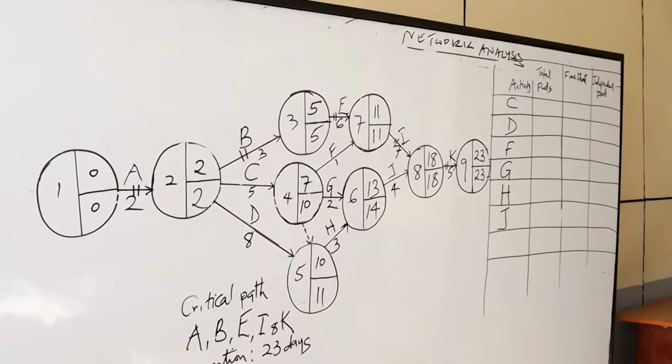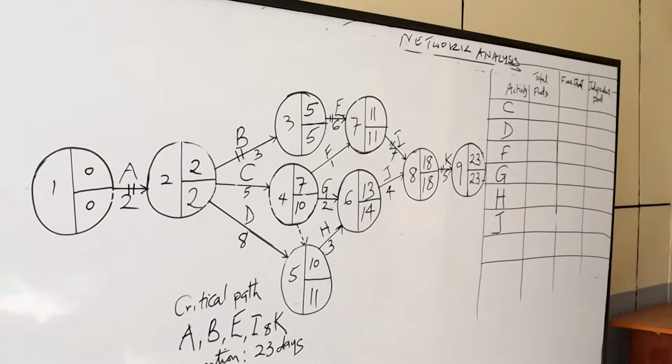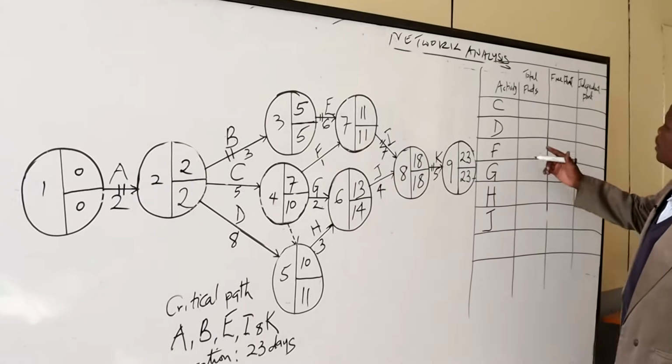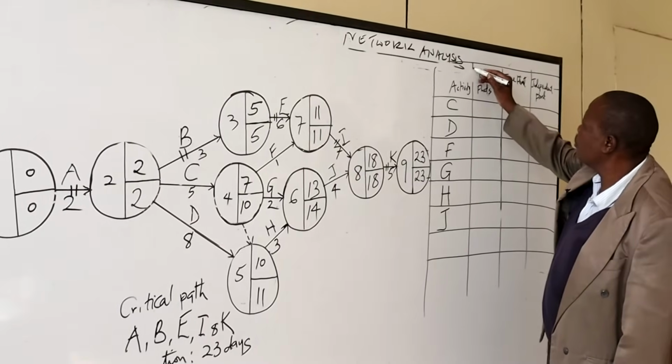So C, D, F, G, H, and J are the activities whose floats we are going to calculate.